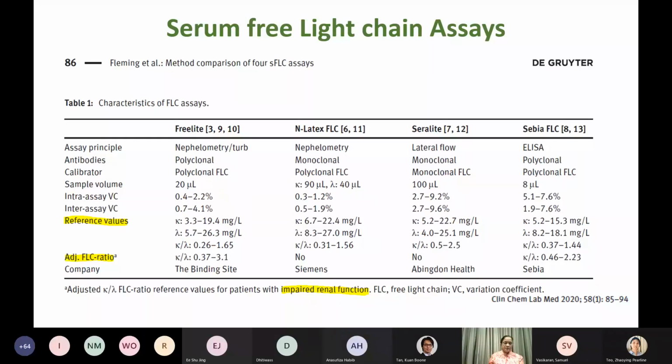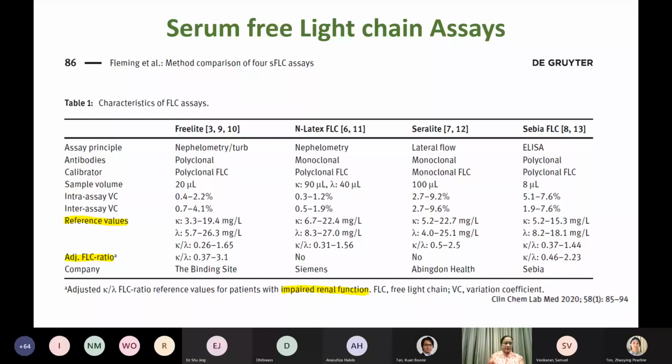The first available assay for serum free light chain is the Binding Site free light assay. Virtually all the studies on serum free light chains reported between 2001 and 2010-11 were performed using the Binding Site free light assay.